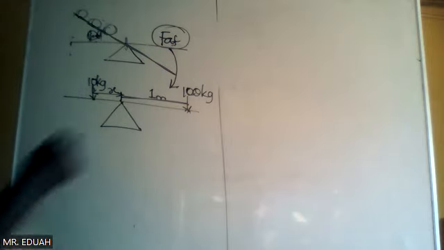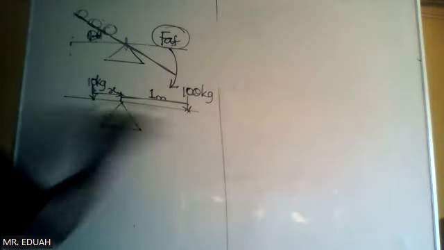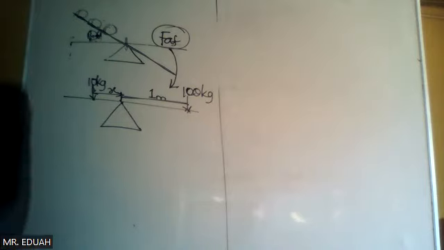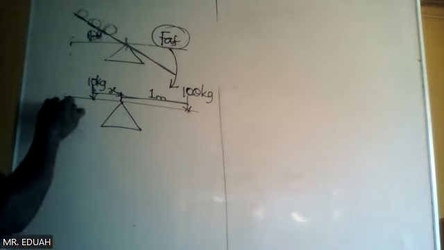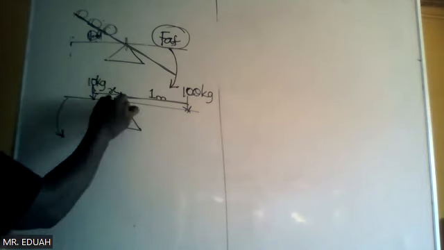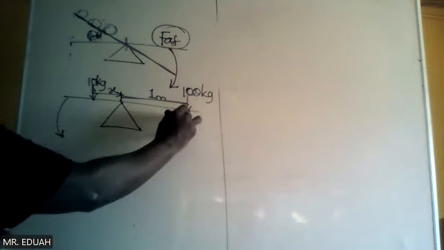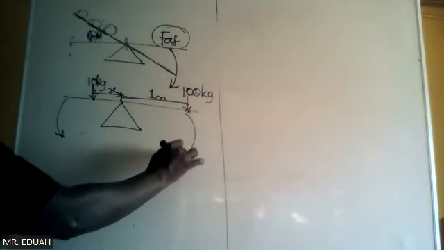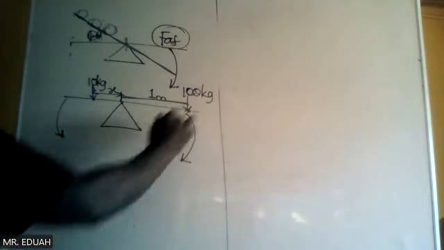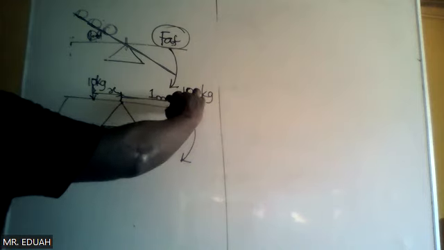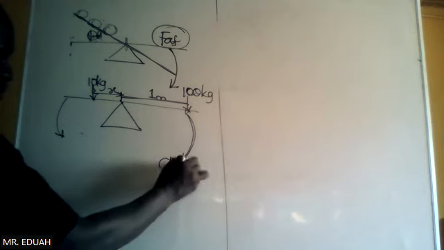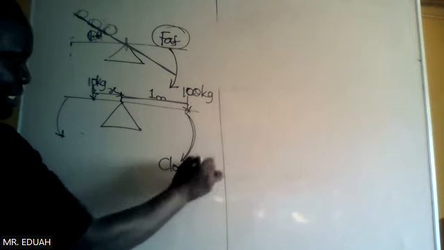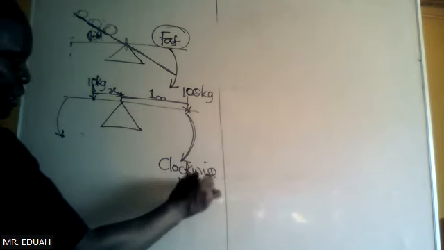If we want to balance this arrangement, then one of the principles of moment says that the sum of the turning effect about one point must be balanced by the turning effect at the other end. This would give us a clockwise moment or torque.